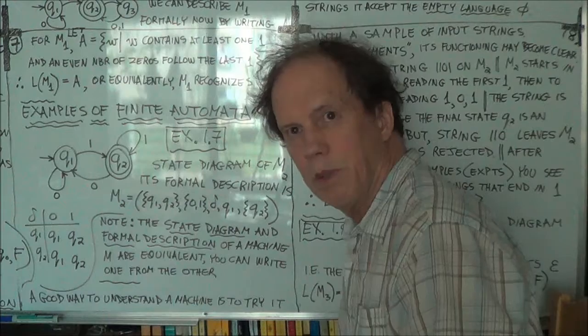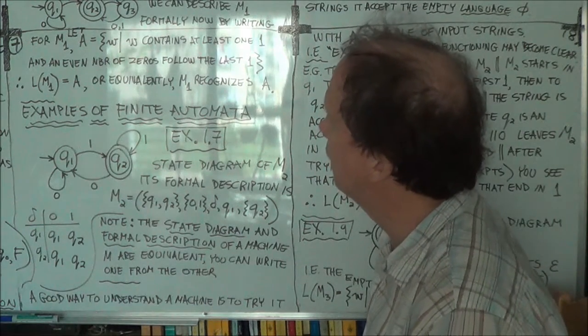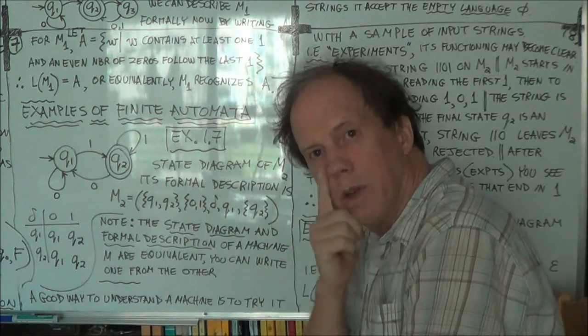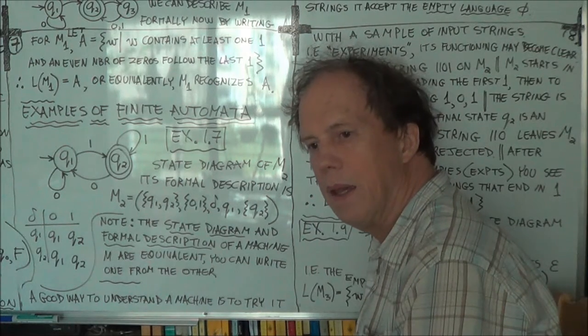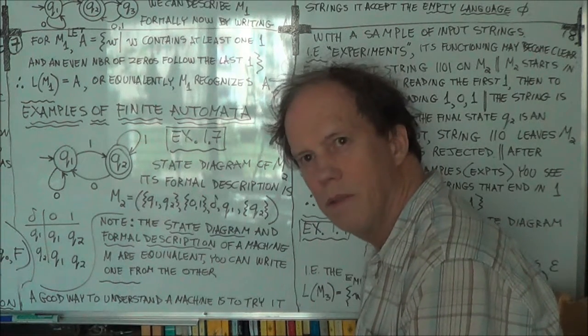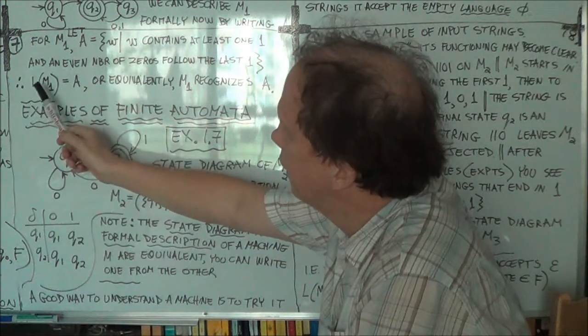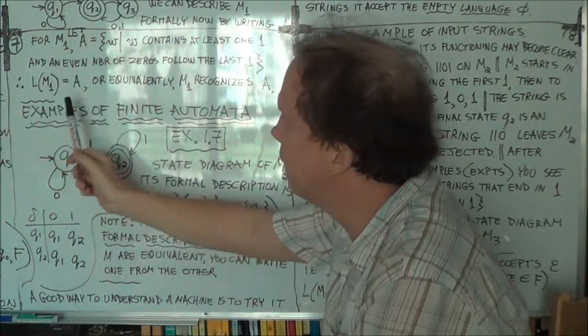This session will probably be fairly short. So let's take our automaton we've been talking quite a bit about, M1, and find its language. We want something in the form of 'this automaton's language is A.'